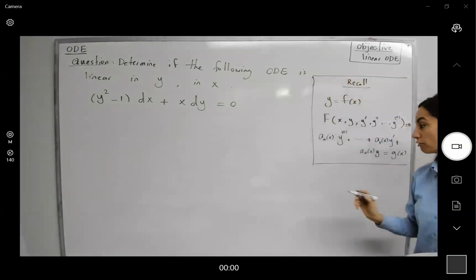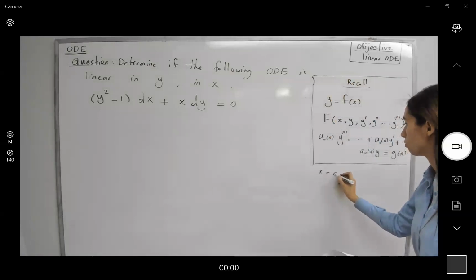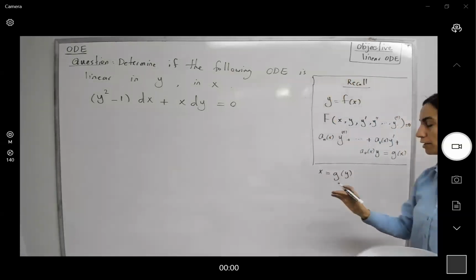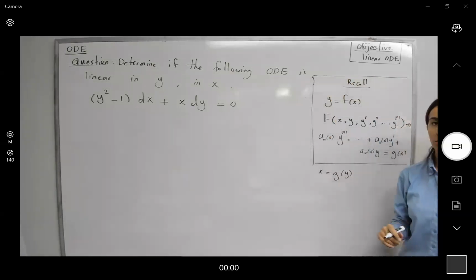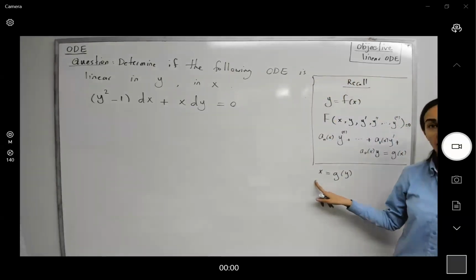But in the case that x is a function of y, x is equal to g of y, then we have a relation between x and y and the derivatives of x.